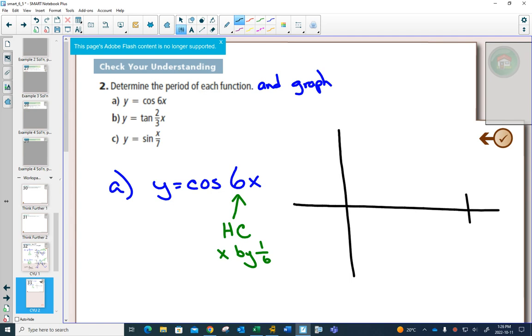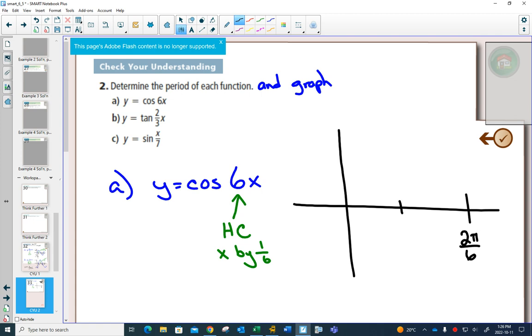Normally, I had 2 pi and had my axis span. But now, instead of having a period of 2 pi, I've compressed it by 1/6. Does it make sense that multiplying 2 pi by 1/6 would give me 2 pi over 6? I could reduce that to pi over 3, but I'll leave it as 2 pi over 6 so that we can really see that all I did was take 2 pi and divide it by 6.